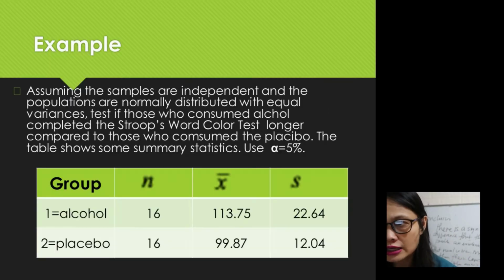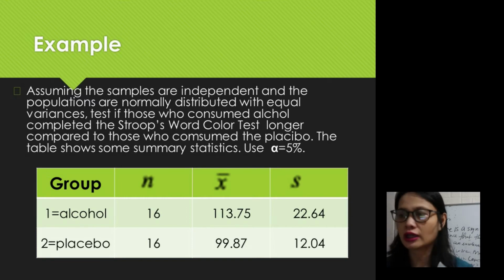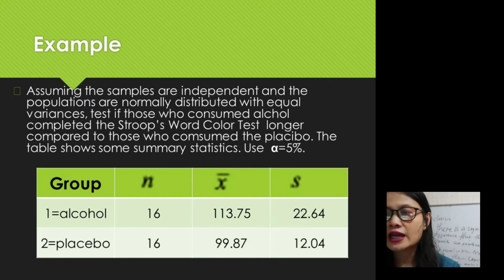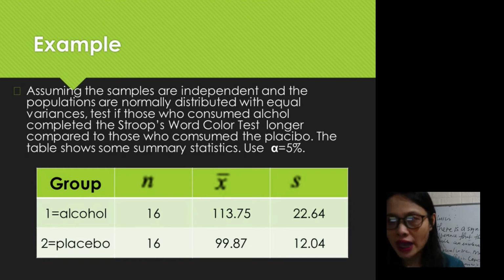Assuming that the samples are independent and the populations are normally distributed with equal variances, test if those who consumed alcohol took longer to complete the Stroop word color test compared to those who consumed the placebo.